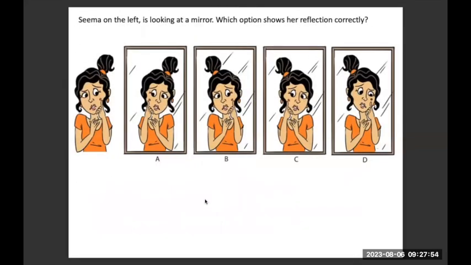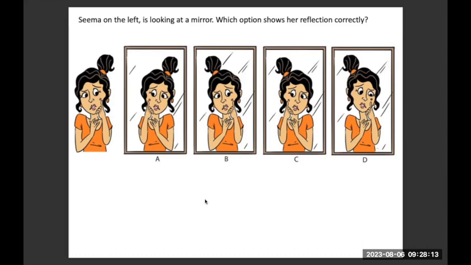Here, you're supposed to perform a mirror function. All right. So this lady Seema is looking into a mirror, which means a mirror function, of course, along the vertical axis. Which option shows her reflection correctly?